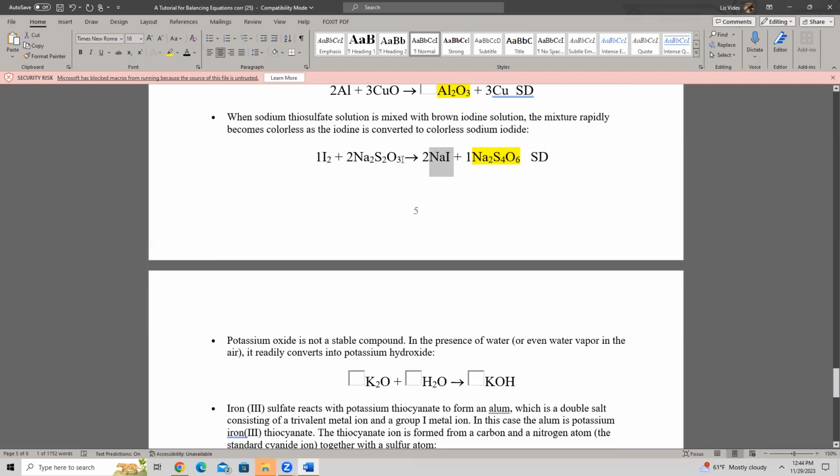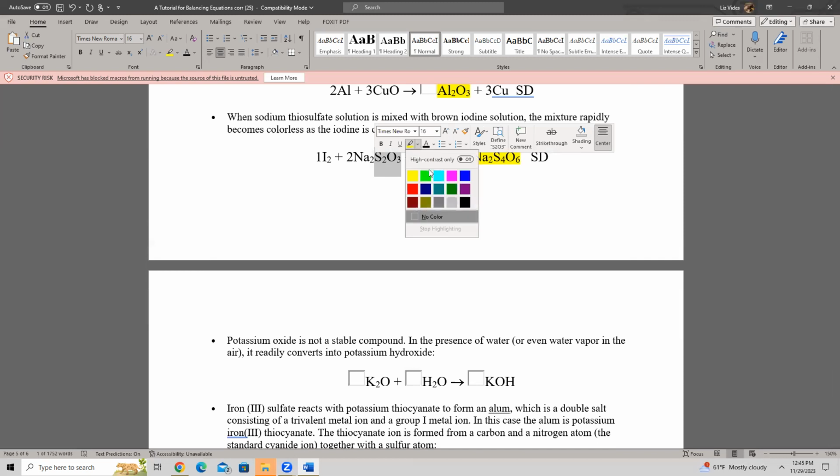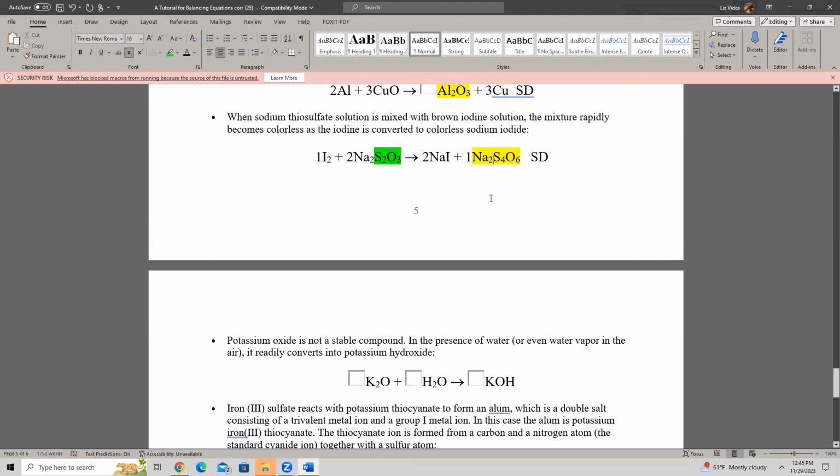It replaced this guy right here, this part, let me make it green. See, it got replaced by the iodine on this area, and it got displaced here. See? I know it doesn't look like it, but it did get displaced. It's a hard one.